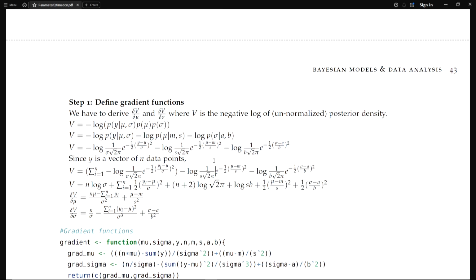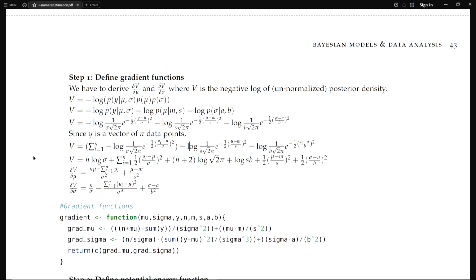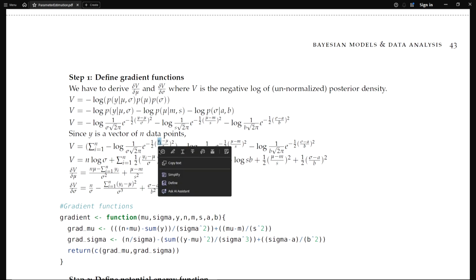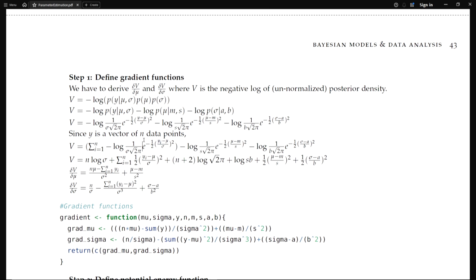It is a complicated function, but all I have done here is take the log of likelihood into priors and expand them in the PDF. Of course, here you have multiple data points. So y is a vector of n data points, and whatever y_i you are seeing is each ith data point.